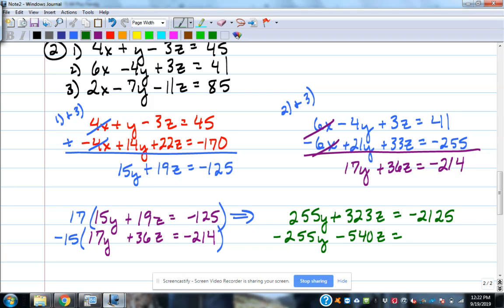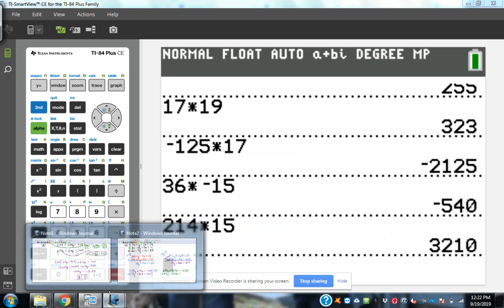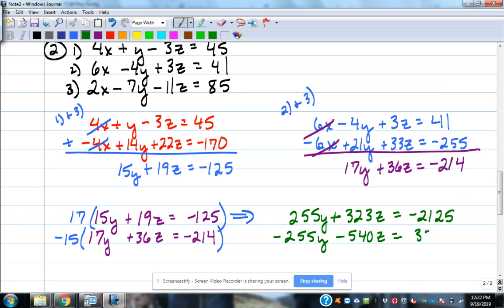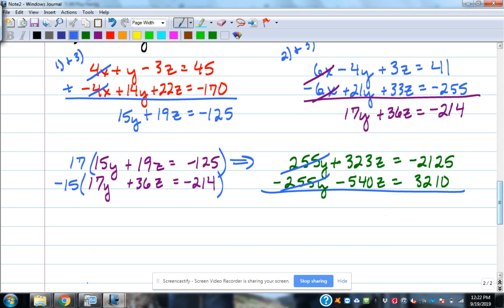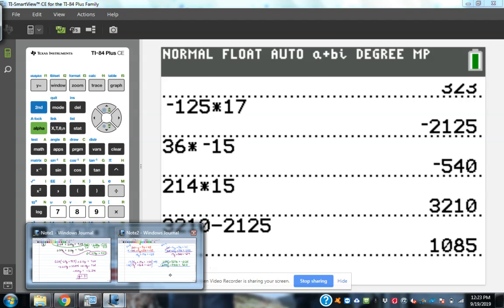And then 214 times 15. 3210. Positive because it's negative times a negative. Put those together. Y's go away. So 3210 minus 2125, 1085.